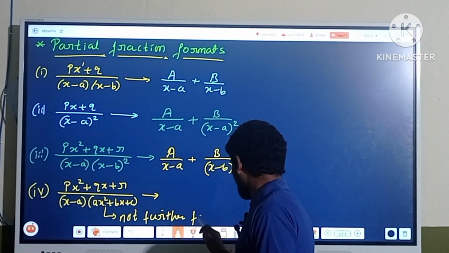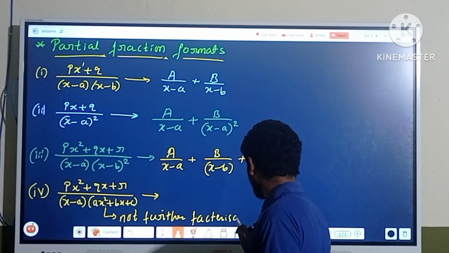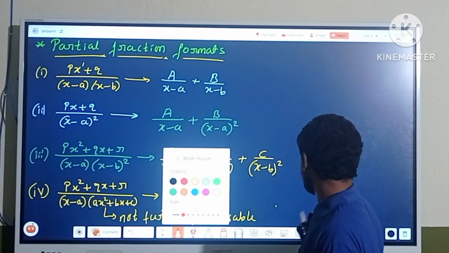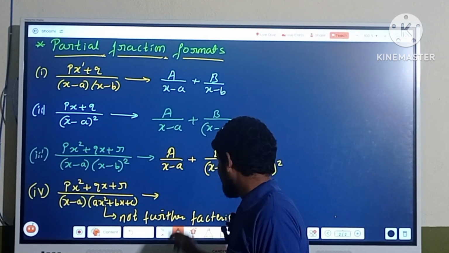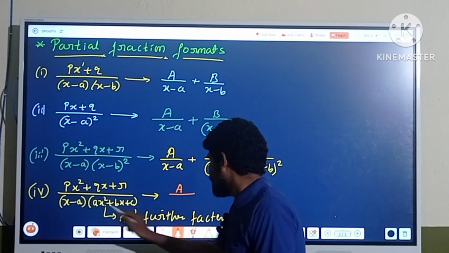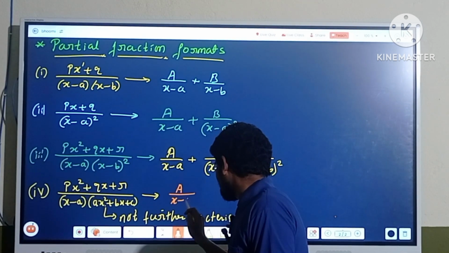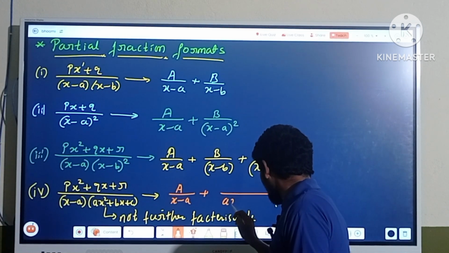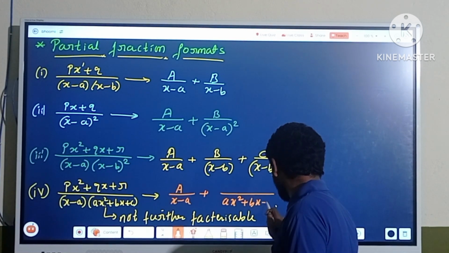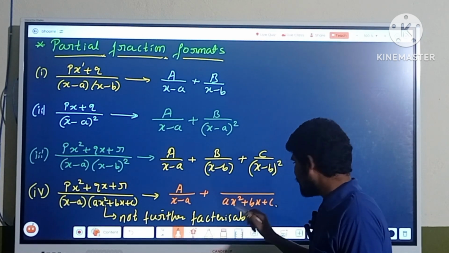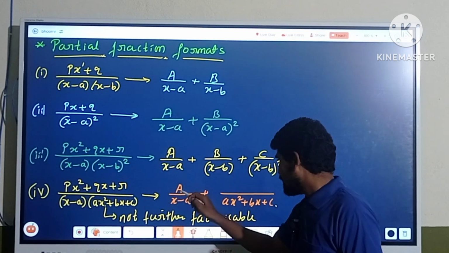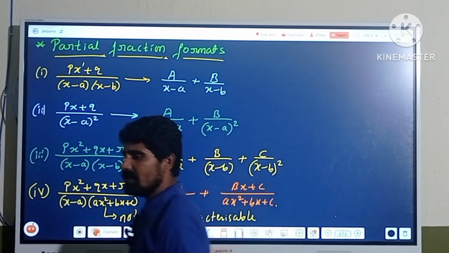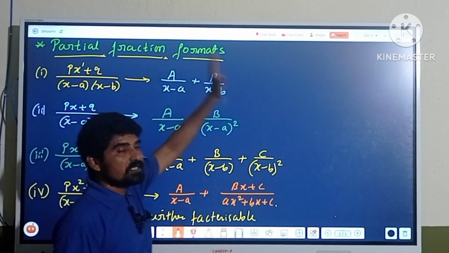If the rational function is in this format, then that rational function can be expressed as A divided by one of the factors, x minus a, plus, in the denominator there exists a quadratic factor, that is ax square plus bx plus c, and in the numerator we should take one of the linear polynomials, that is, already we considered A, then it can be written as Bx plus C. So these are some important partial fraction formats.